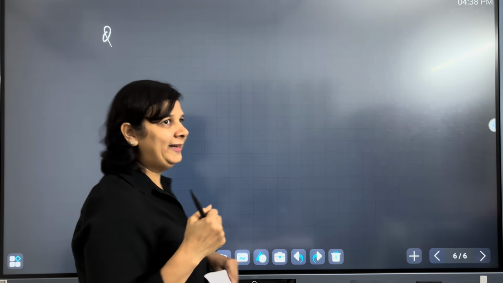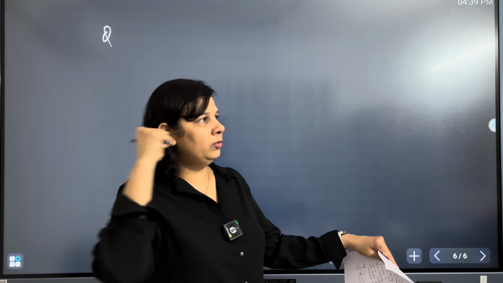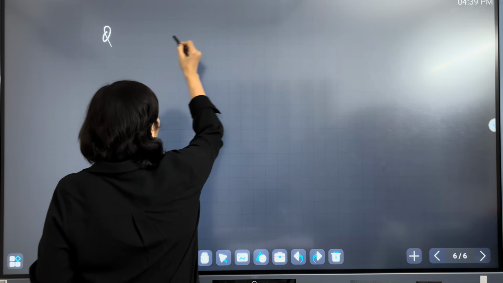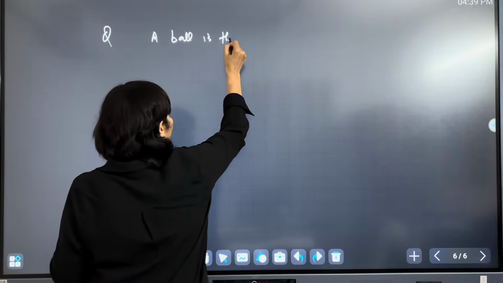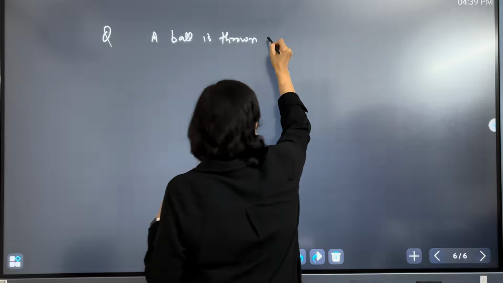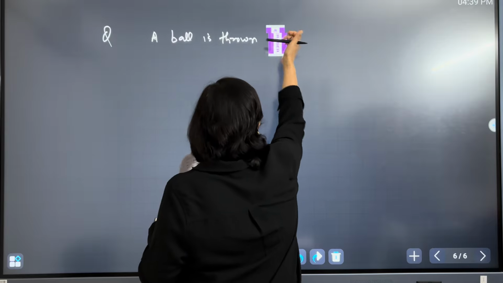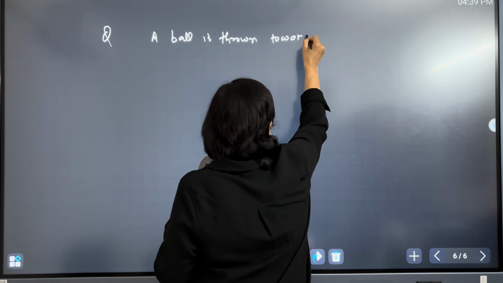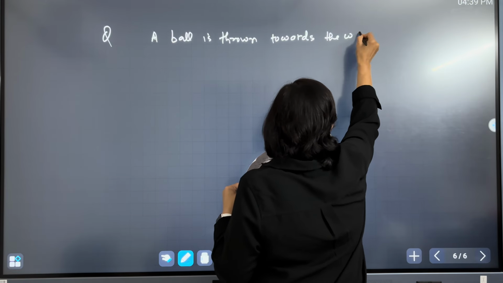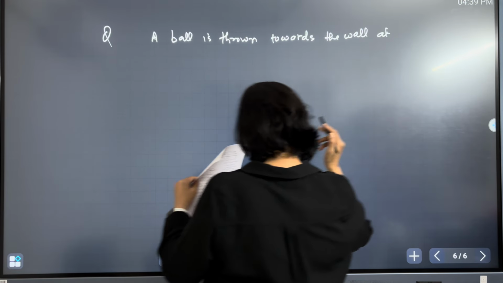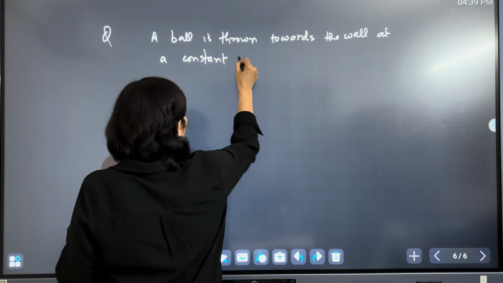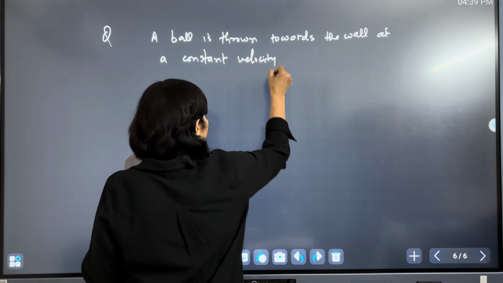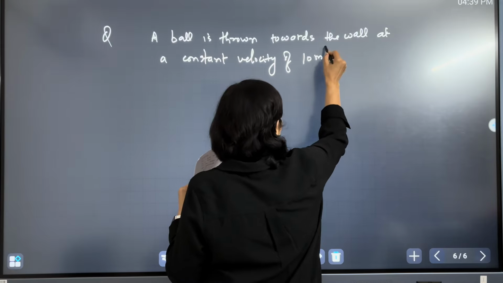For example, if I take a ball and I throw the ball towards the wall. A ball is thrown towards the wall at a constant velocity of 10 meter per second.